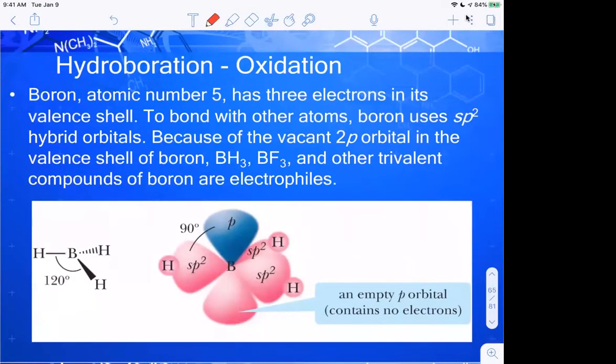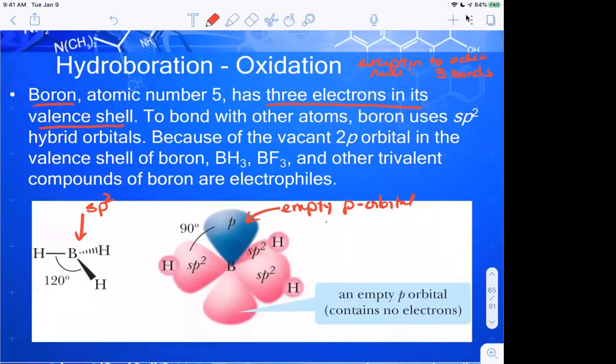Boron is atomic number 5. Remember, boron has 3 electrons in its valence shell, and it was an exception to the octet rule. Remember, it only formed 3 bonds, and it was electron deficient. Now, that boron is sp2 hybridized, and I have this empty p orbital that's available.